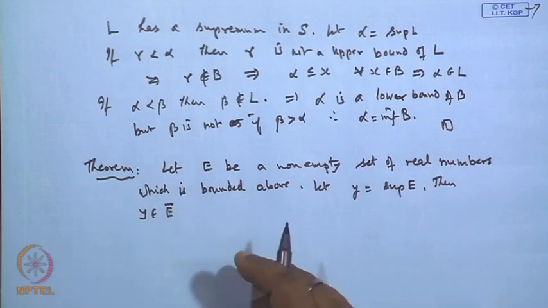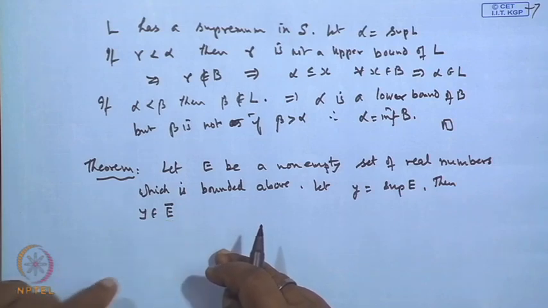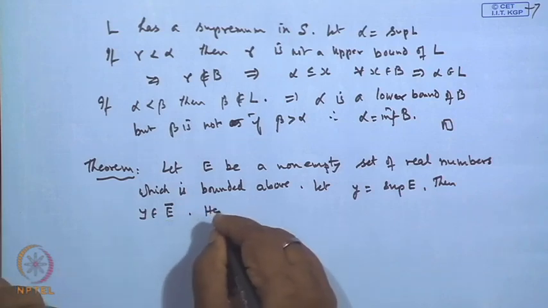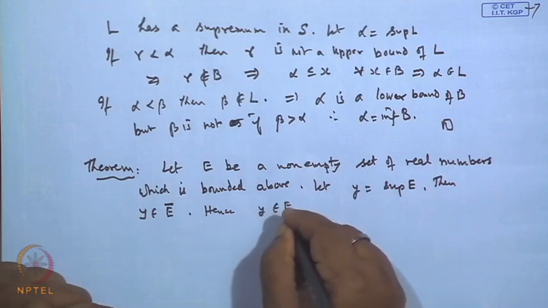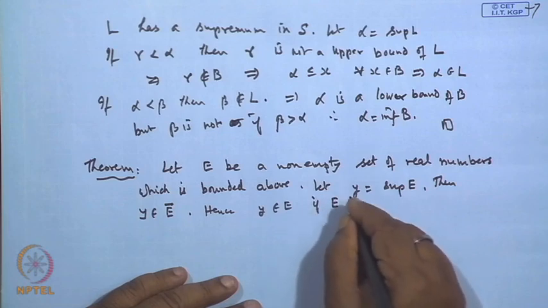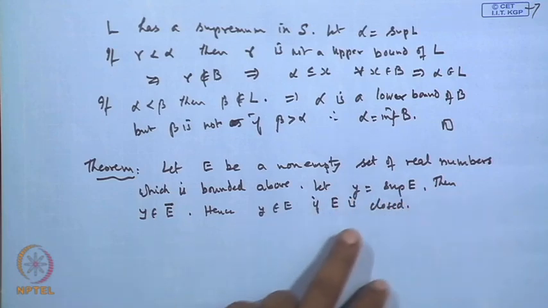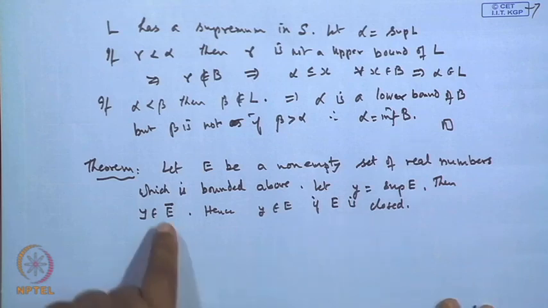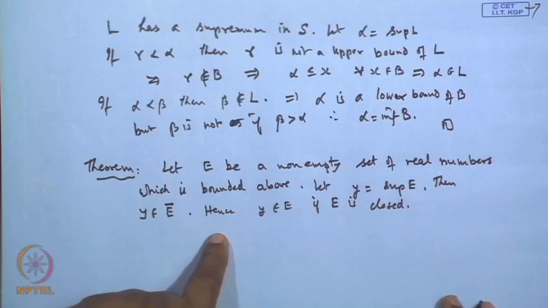Closure means the set E together with its limit points is the closure set. Hence, y belongs to E if E is a closed set. Obviously, when E is a closed set, E bar is equal to E. So, the second part of this result follows immediately.